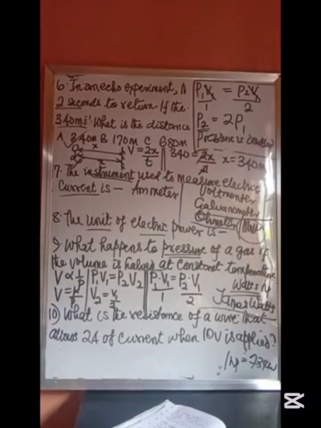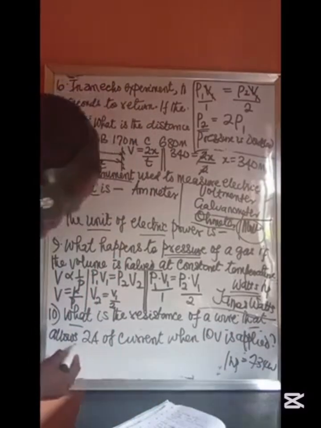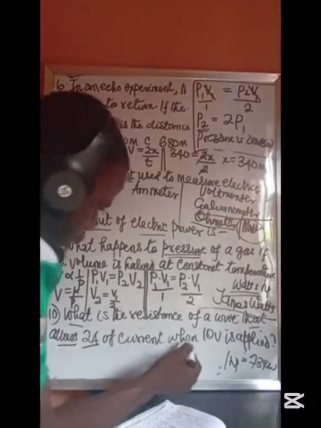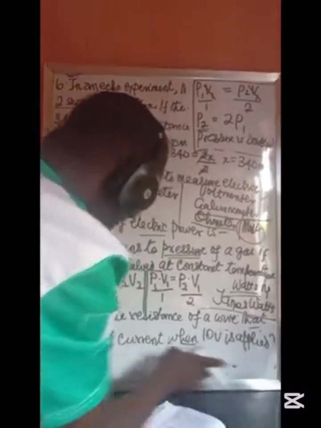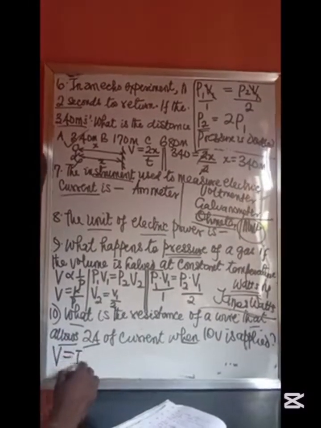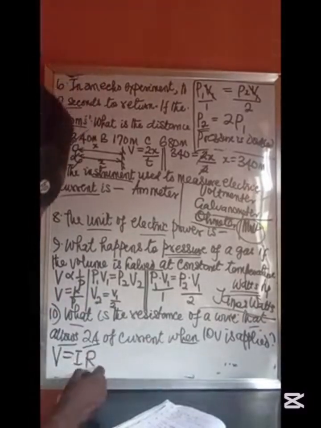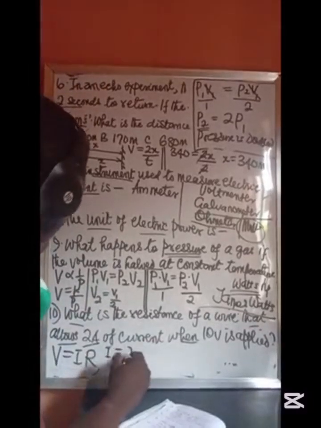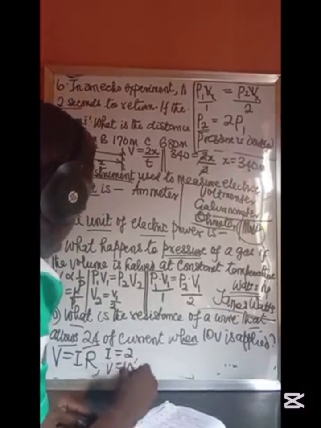And lastly, we have the last question, number 10. What is the resistance of a wire that allows 2 amperes of current when 10 volts is applied? So let's recall Ohm's law. Ohm's law says that V equals IR. So here we have current I is 2 amperes, while V is 10 volts.